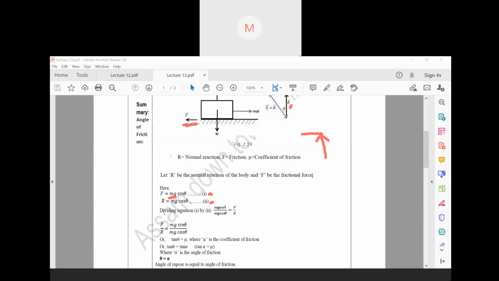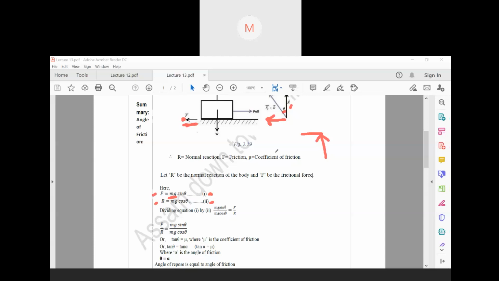If f plus r equal to mg, then the sin theta component is F and R is the cos theta component, right?